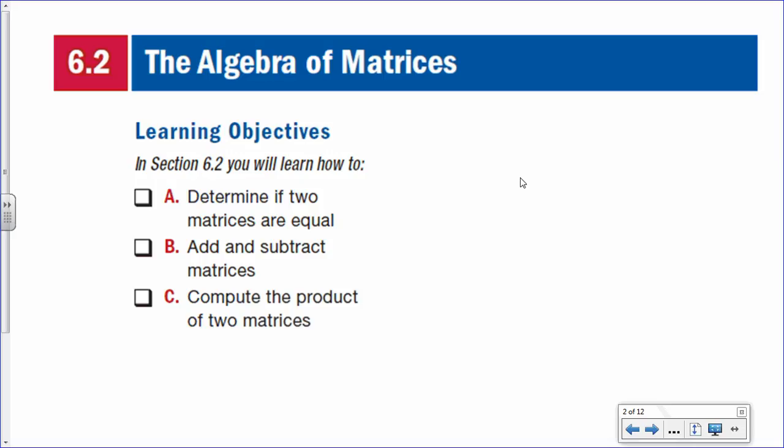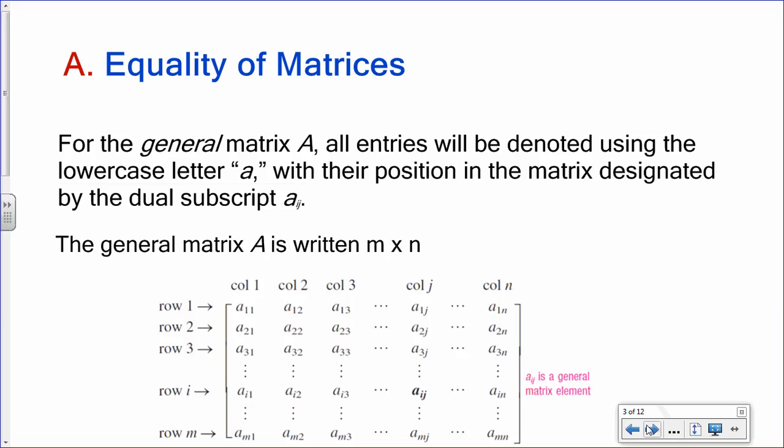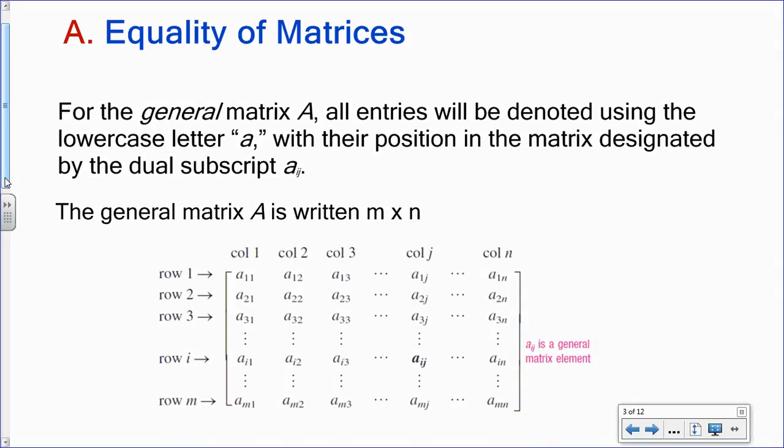Okay, so this looks a lot more confusing than it is. This is something we've already talked about. This just talks about how to name the positions of the entries in the matrix. So if this general matrix is A, that's a capital A, and then the entries are these lowercase a's.